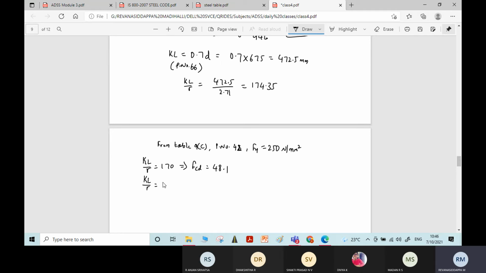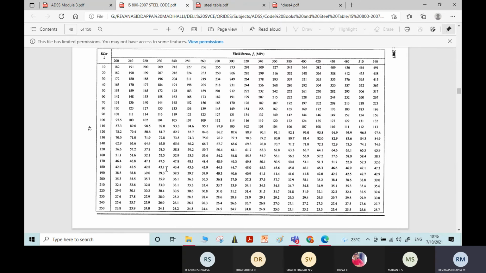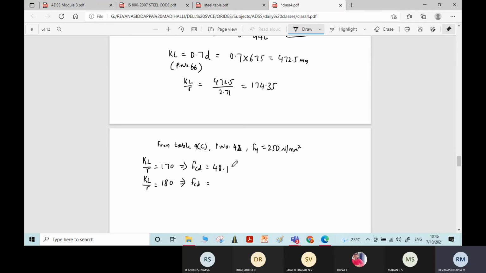KL by R is equal to 180. Corresponding FCD with respect to Fe 250 is 43.6.